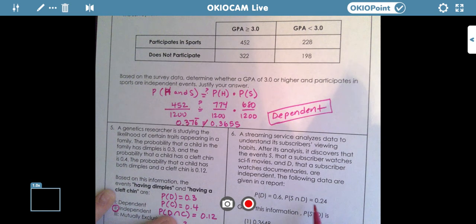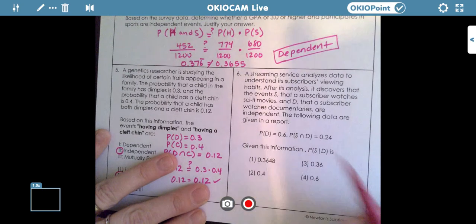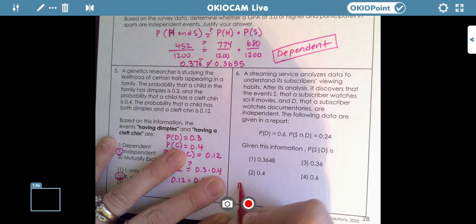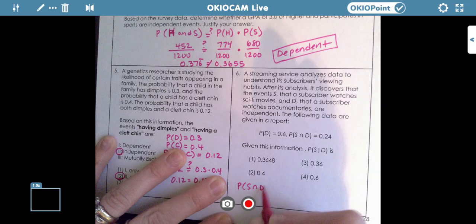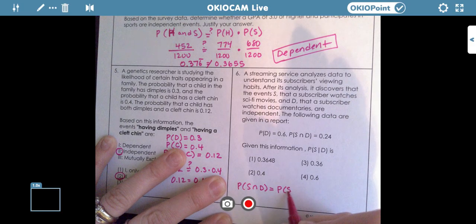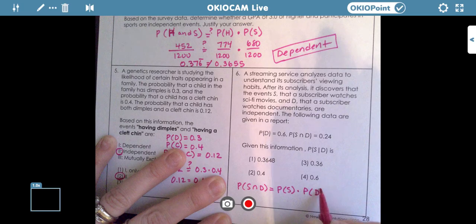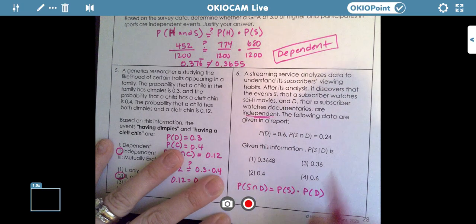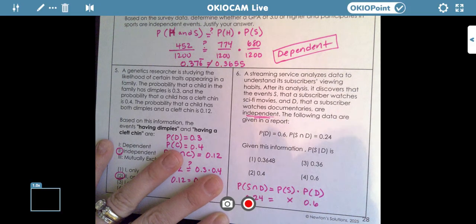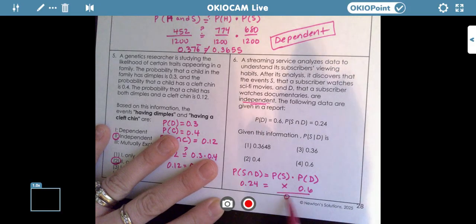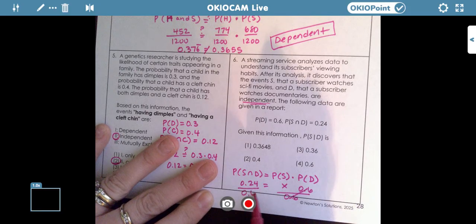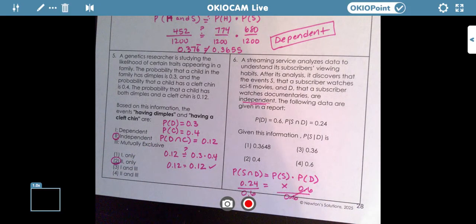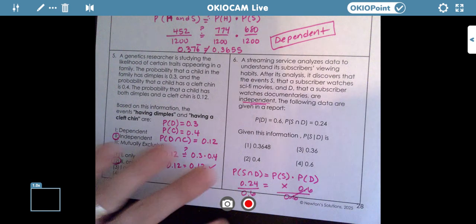So if I use this piece here, and I set this up in the formula they gave me, they told me the probability of S and D is equal to the probability of S times the probability of D. Because they told me it's independent, that means I want to use that formula. So this was 0.24, this was 0.6, this we don't know, so let's call it X. Well, to get X on a side by itself, I divide by my 0.6, and 0.24 divided by 0.6 gives me 0.4.